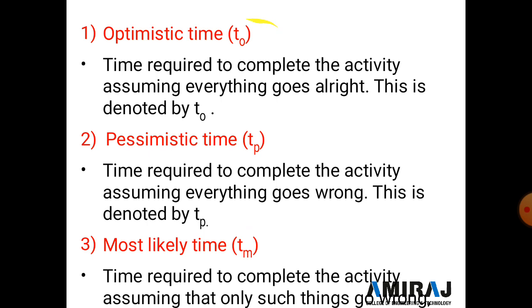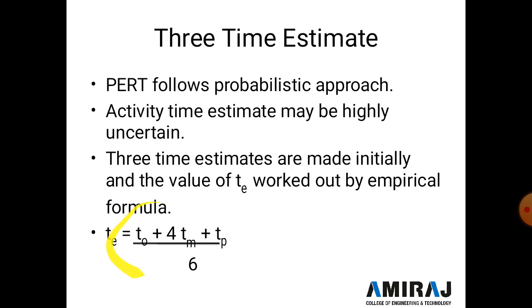So all these three values, TO, TM and TP, write in this equation, and you get the one time known as T, and the formula is T is equal to TO plus 4TM plus TP divided by 6. Clear? So here we complete our topic, and in the next lecture we discuss CPM examples.